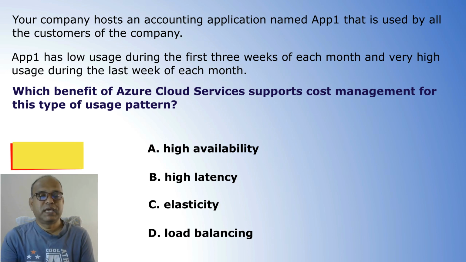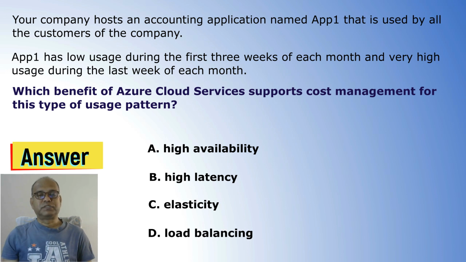Answer. Option A is not the correct answer because App1 is required to be available equally for the whole month. There is no impact on low or high usage. For option B, latency is not a factor in this scenario, so this is an incorrect answer.